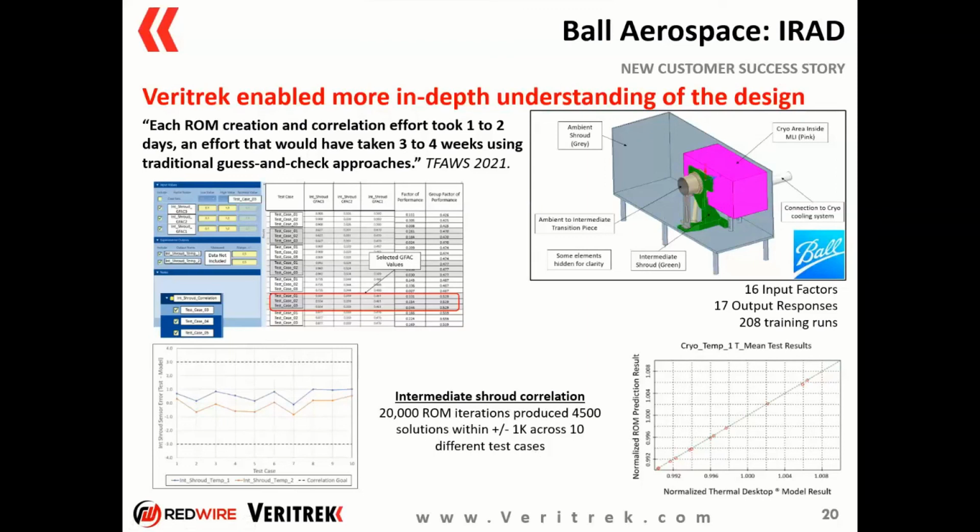And so they used this to successfully correlate those 3 different thermal models. This is an effort that typically would take them 3 or 4 weeks, and using Veritrek, it took 1 or 2 days. So, a pretty significant reduction in the amount of time to get this done.